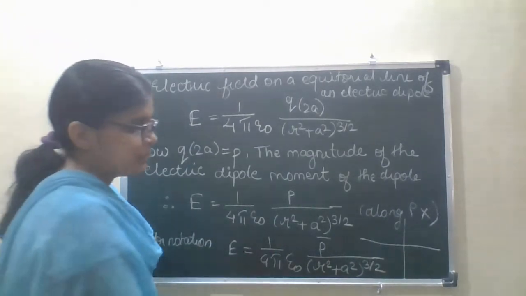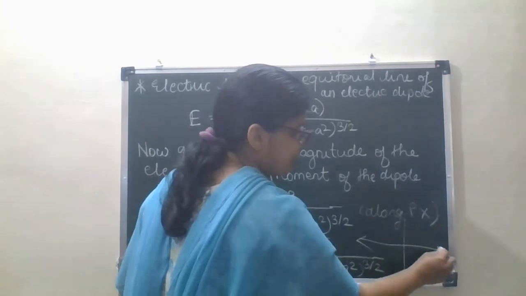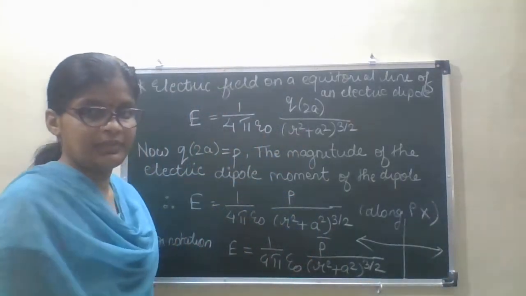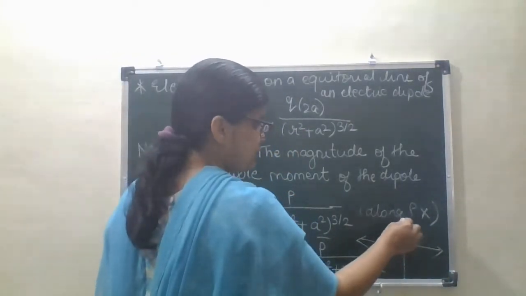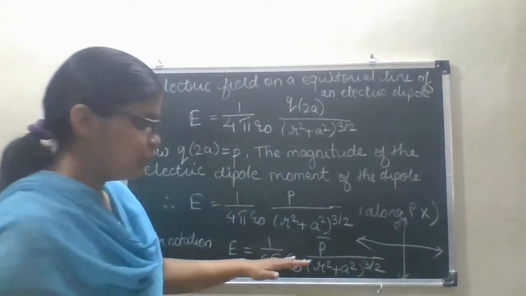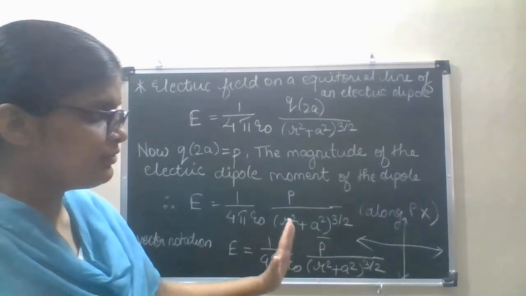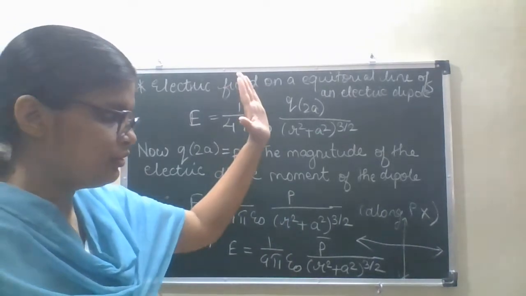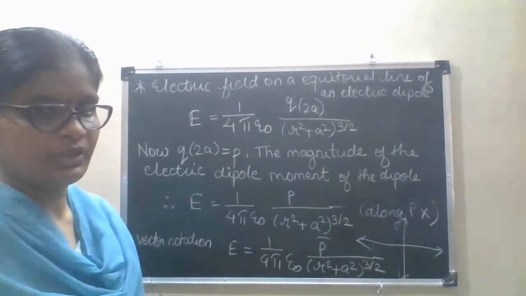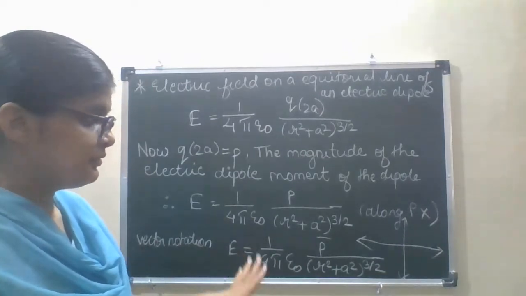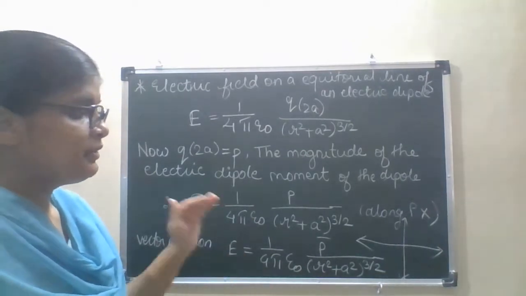Why? Because the dipole was in this direction, and the point which we have considered is along these two directions. Means what? The dipole is along the east-west direction, and the point which we have considered is along the north to south direction.